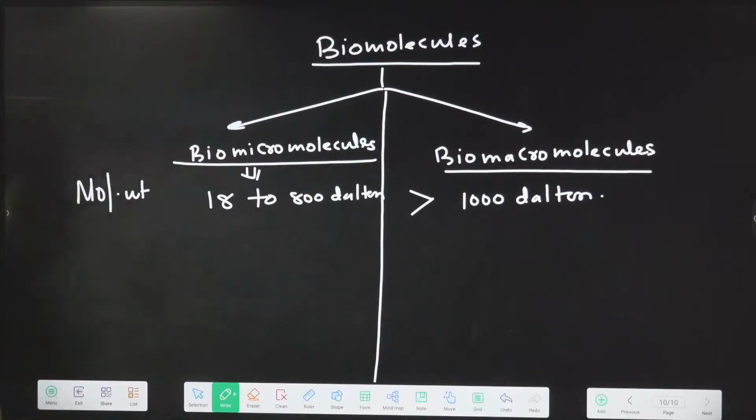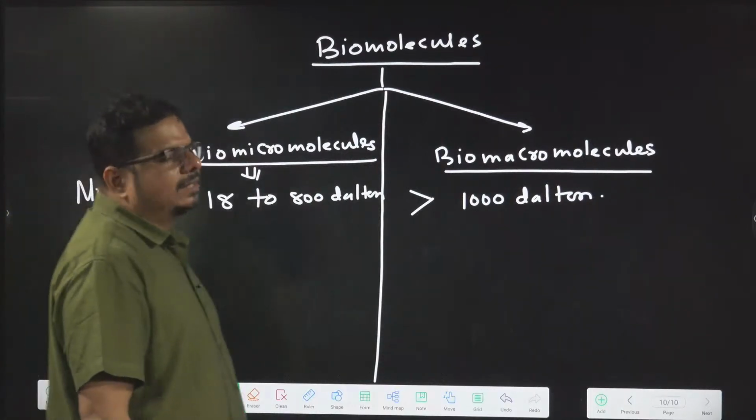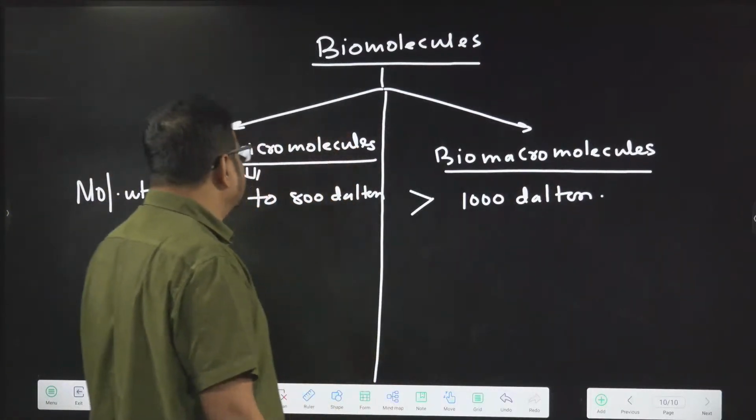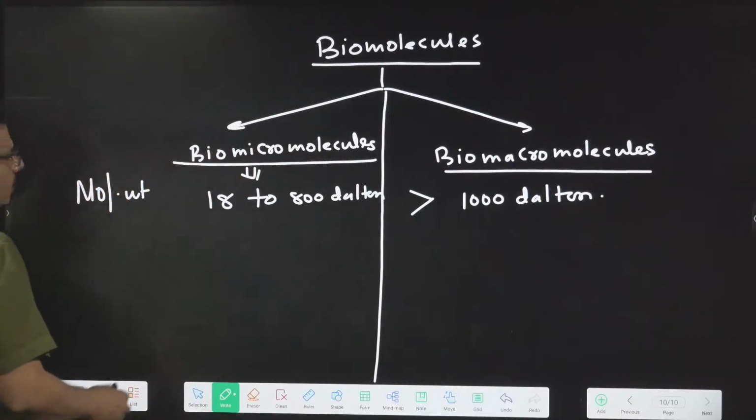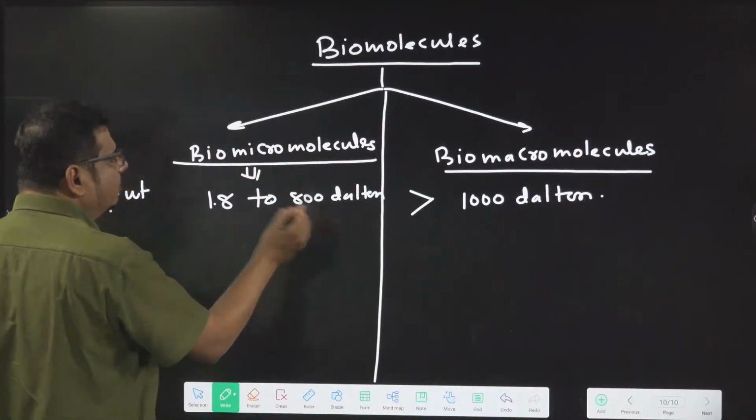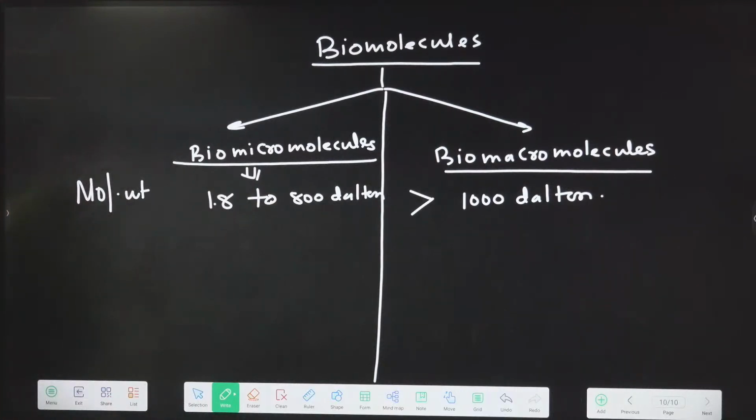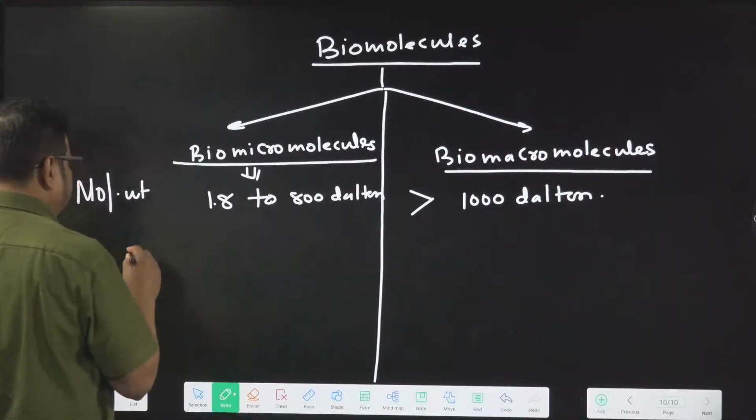So those who have a molecular weight more than 1000 Daltons will come under biomacromolecule, and those who have a molecular weight in the range of 18 to 800 Daltons will come under what? Biomicromolecule.